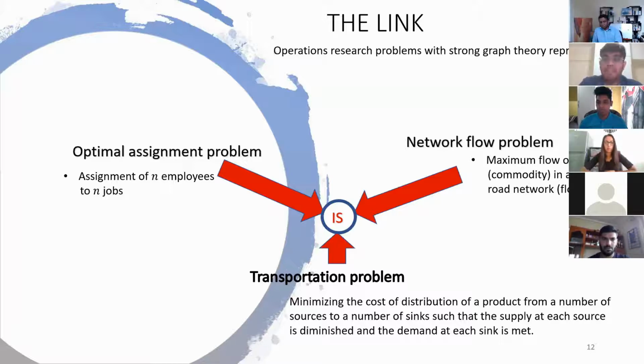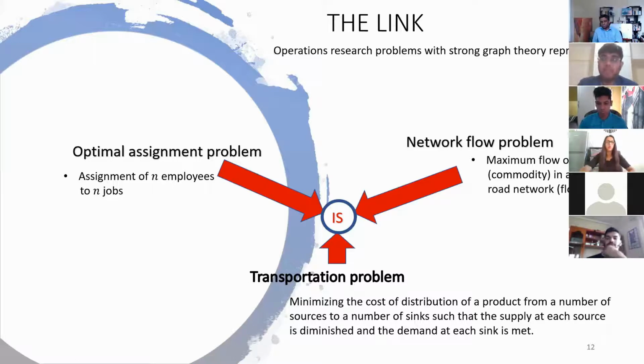The capacity is basically the weight of that edge, and the flow is the amount of commodity that is pushed through that edge. The objective is to find a path from the source to the sink through which the maximum amount of flow can be pushed. For example, in a road network, you have roads with many lanes, and of course, there are only so many vehicles that the road can accommodate.